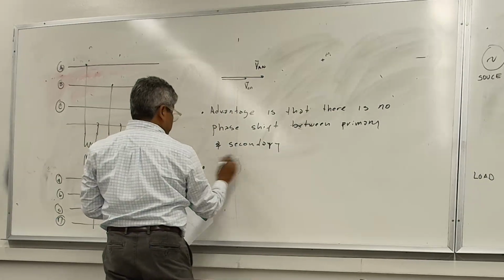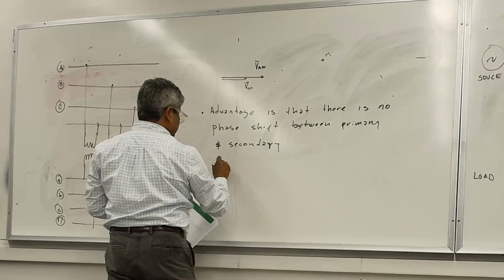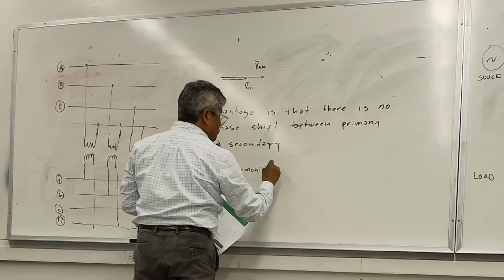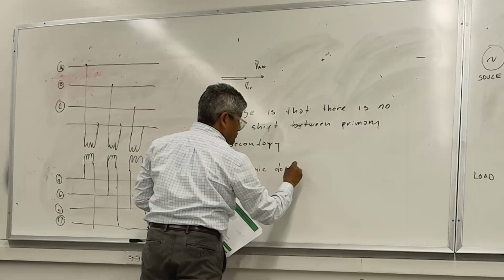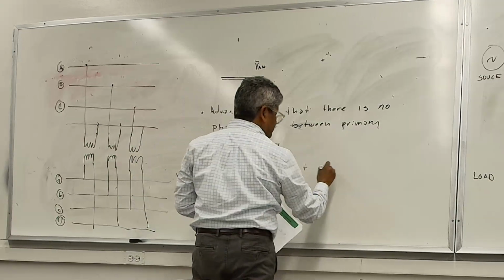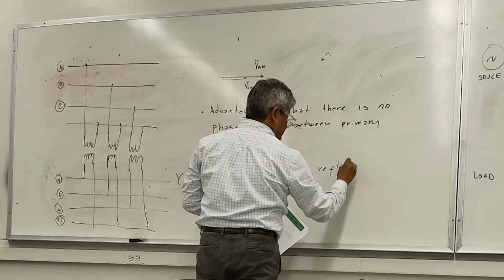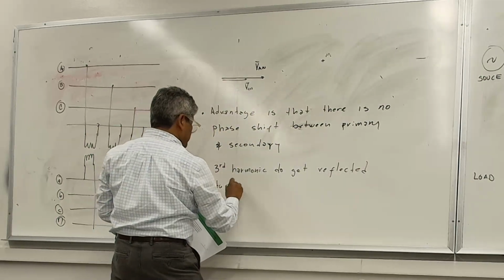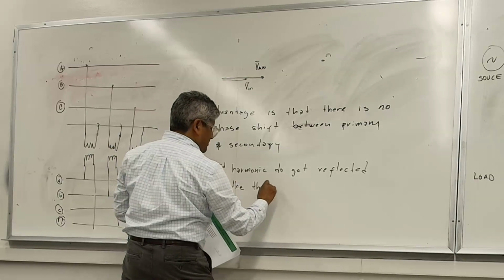The disadvantage is that third harmonics do get reflected to the primary side.